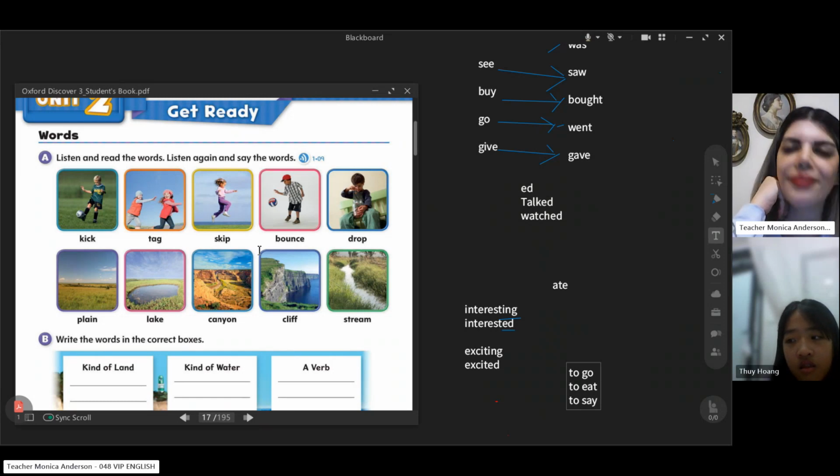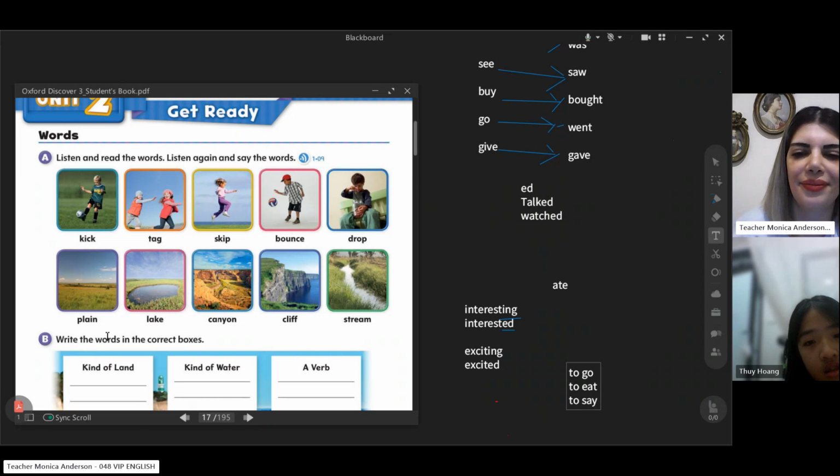Kick, tag, skip, bounce, drop, plane, lake, canyon, cliff, stream.